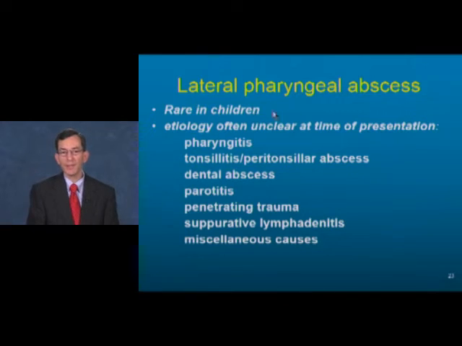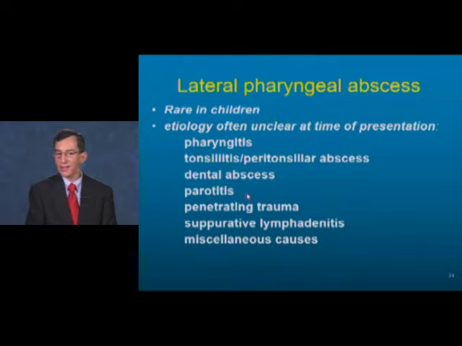Lateral pharyngeal abscess is an uncommon process in children, but it occurs often enough for us to always be vigilant in this regard. At the time that we recognize a lateral pharyngeal infection, we often are unclear as to the primary focus of infection.